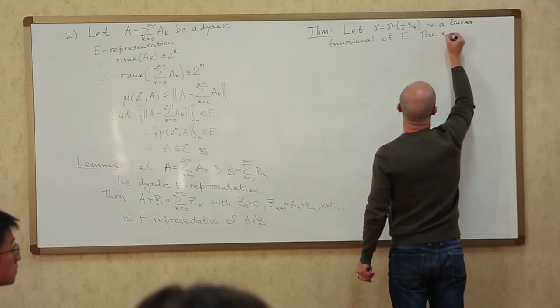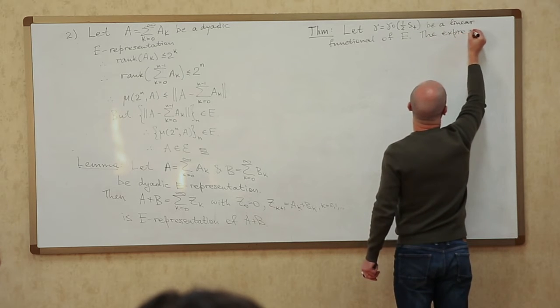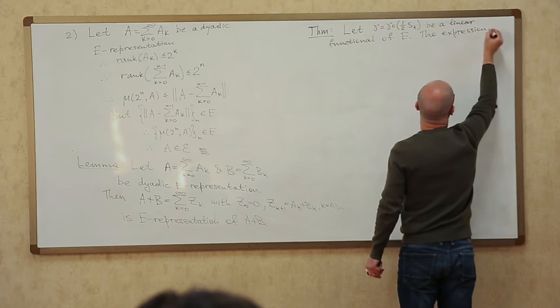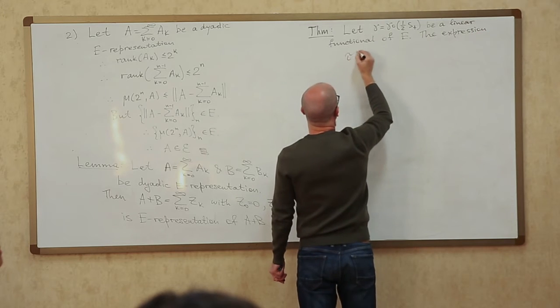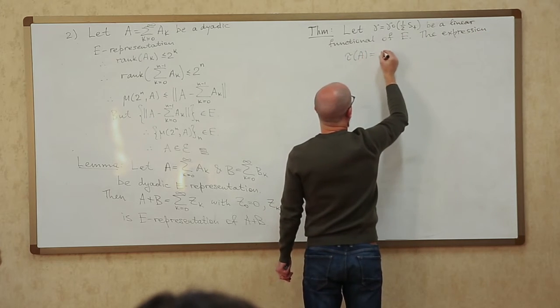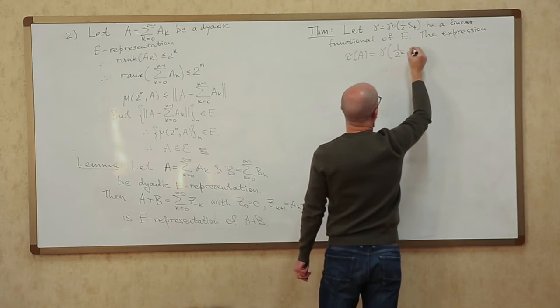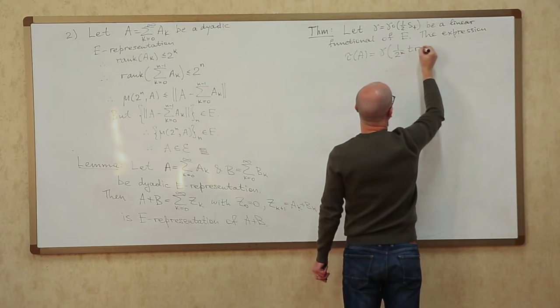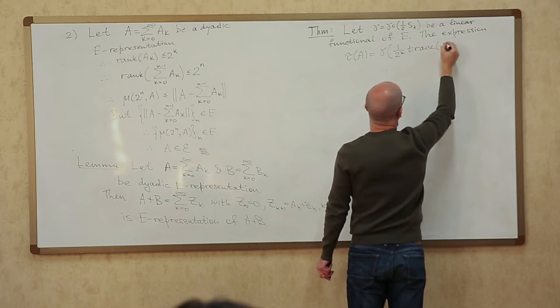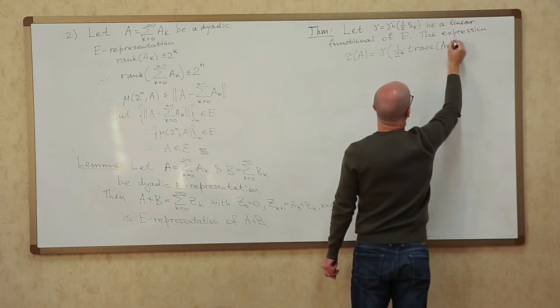Consider the expression L of A equals gamma of the sequence 1 over 2^k trace of A_k.